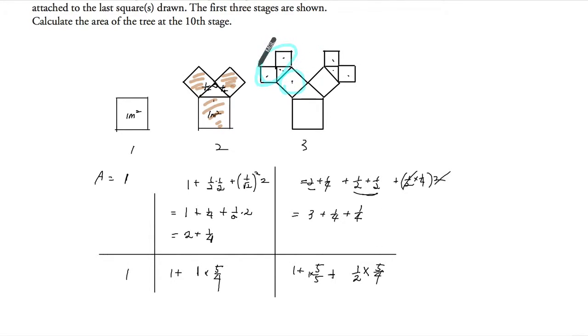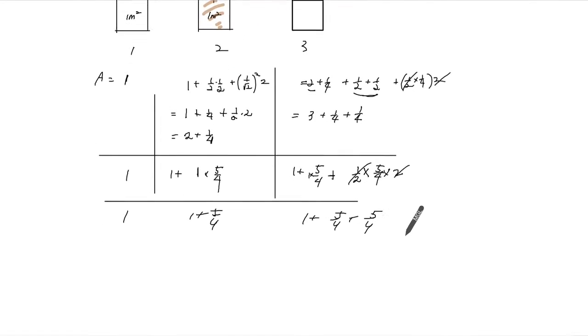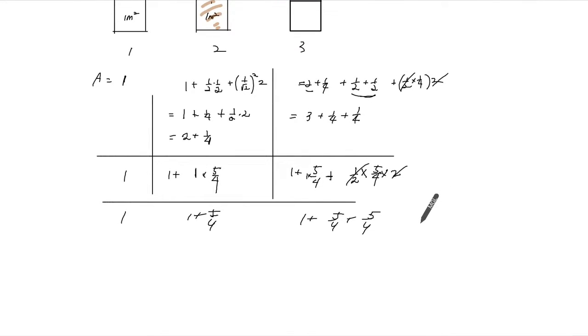So this is half of 5 over 4 of that. But we have 2 parts. So that cancels out. So it looks like the pattern is 1, and then it's 1 plus 5 over 4, and then it's 1 plus 5 over 4 plus another 5 over 4. If you continue with the third iteration, it's going to be another plus 5 over 4.